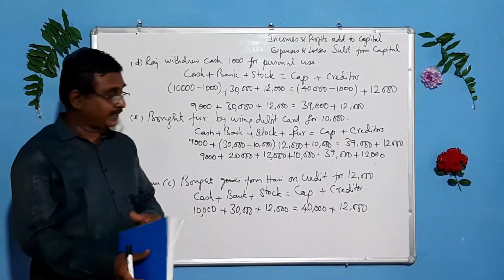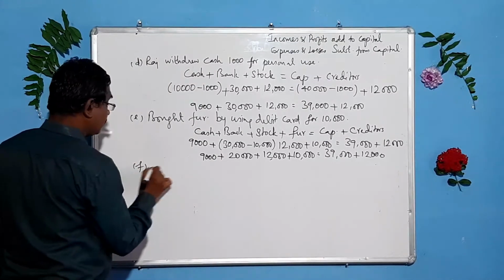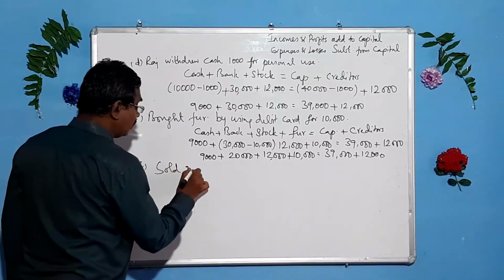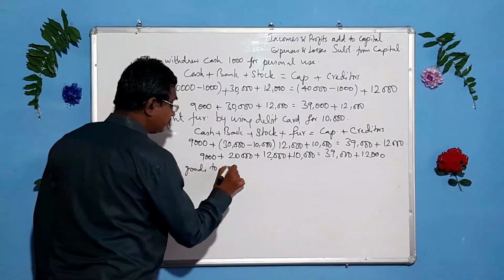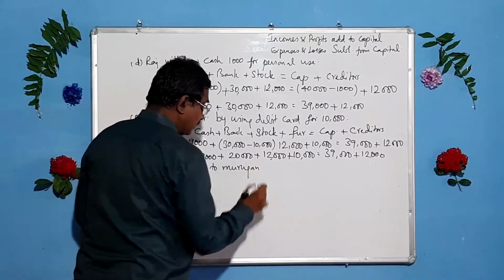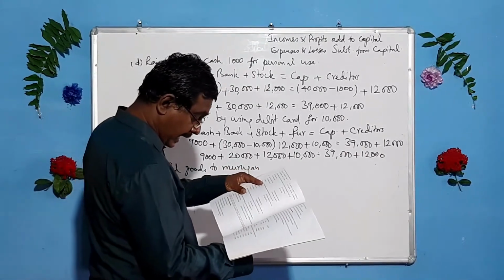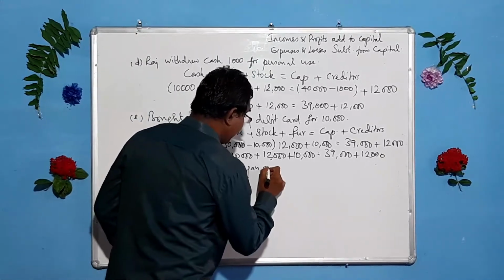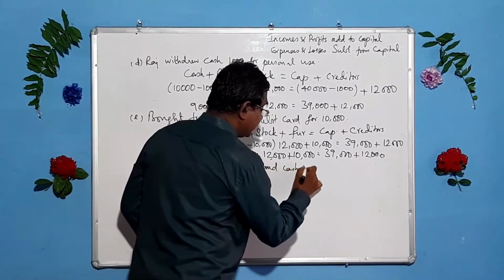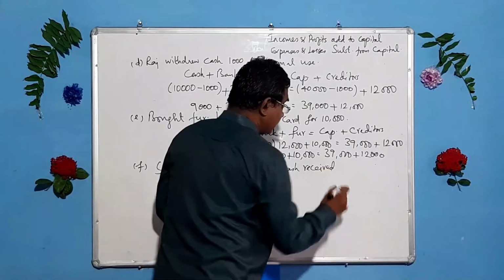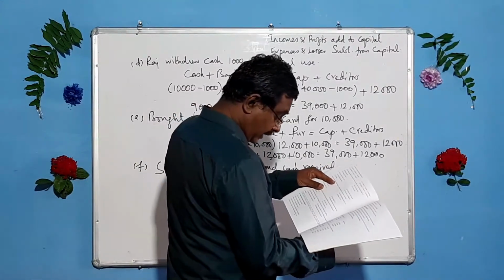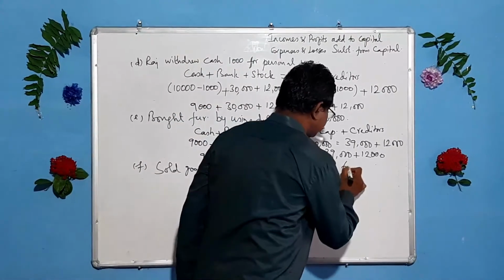Sold goods to Murugan, and cash received, 6,000.